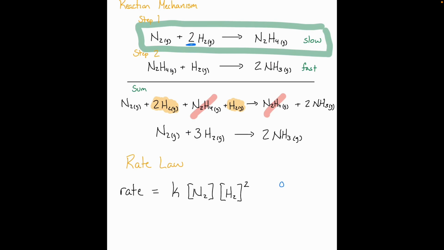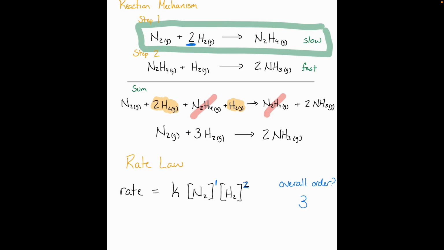So then what is the overall order of this reaction? All right, this reaction is first order with respect to the nitrogen gas and second order with respect to the hydrogen. So the overall order is the sum of those exponents.